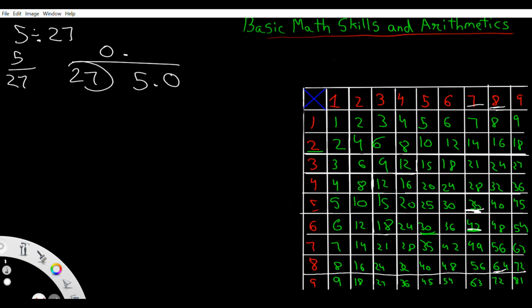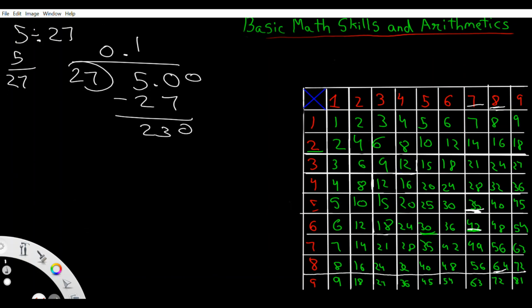So now the closest multiple of 27 to 50 is just 27. 27 times 1 is 27. And now 50 take away 27 is 23. Now again you put a 0 here to make this 230.